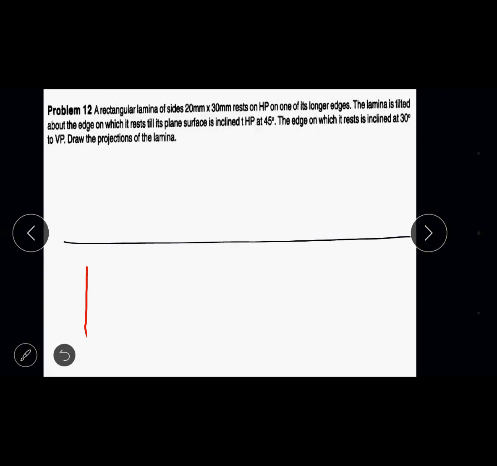The rectangle's longer edge is 30, so draw a vertical line AB of 30 mm, then a horizontal line BC of 20 mm, then again CD of 30 mm, and join it. Just using a 0 degree and 90 degree combination, you can construct this rectangle of 30 and 20 mm. This is the top view, and label it with the alphabets A, B, C, D.